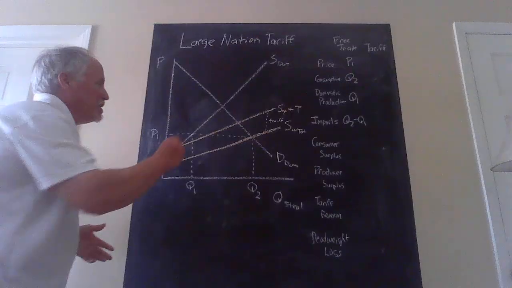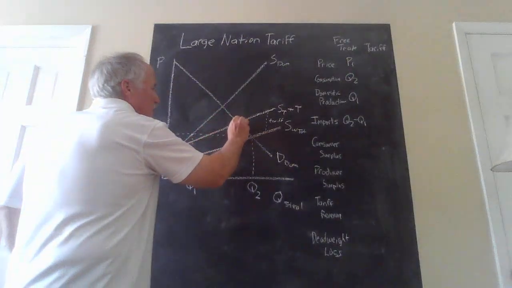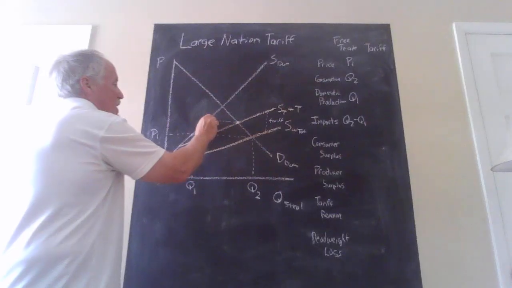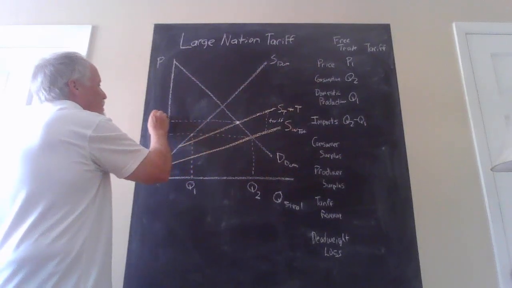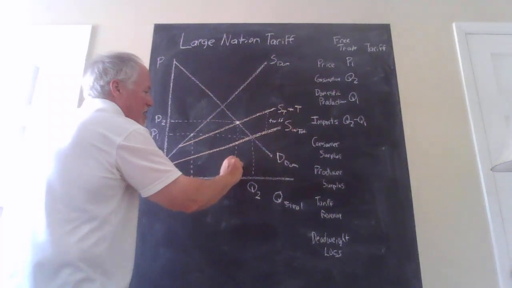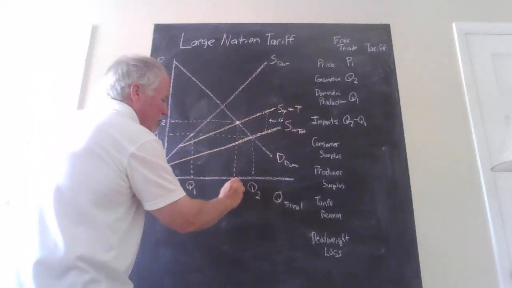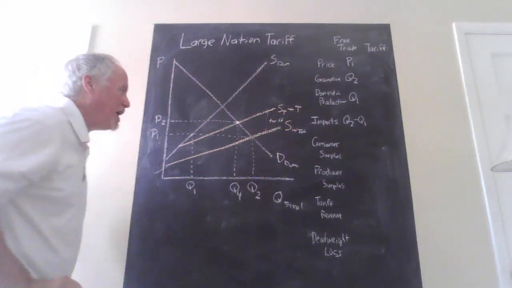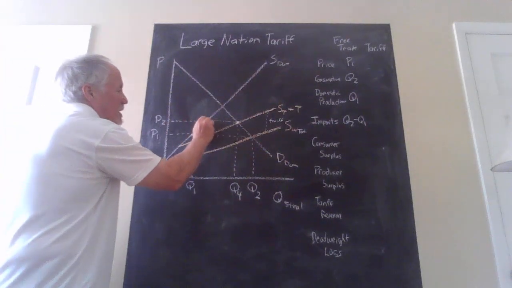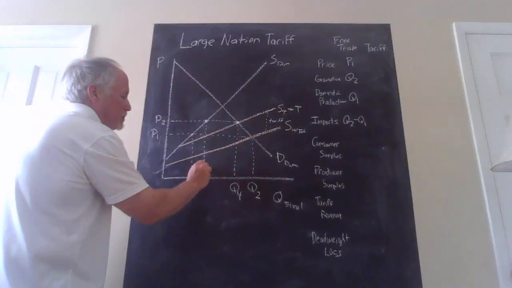Now, the equilibrium with the tariff comes where this shifted up world supply curve intersects the domestic demand curve. That's here. We'll come over, we'll call that P2. And then here's the quantity that domestic consumers will want to buy at the higher price. And then we take this price over the domestic supply curve right here.